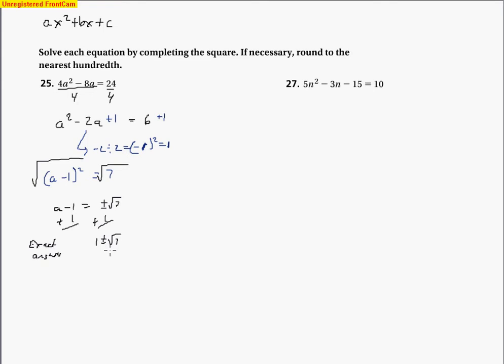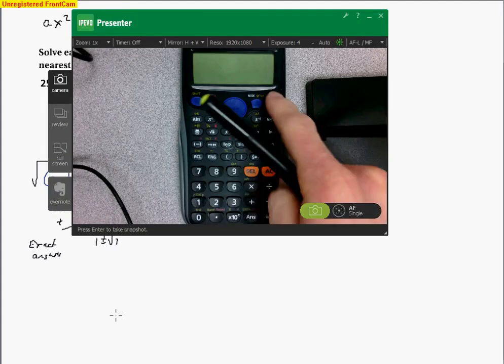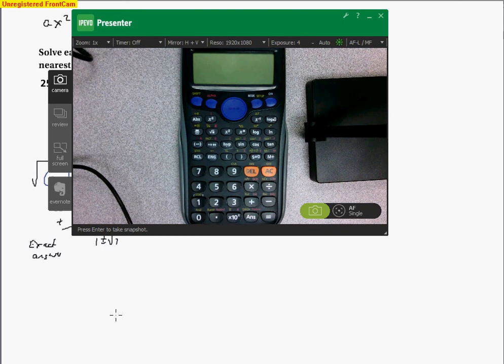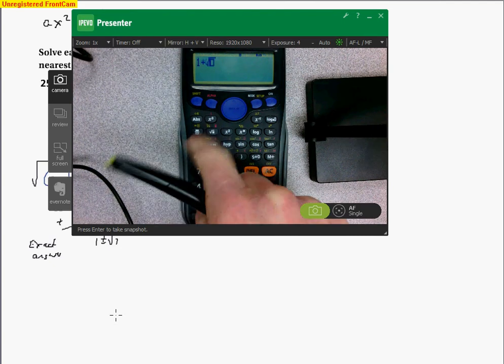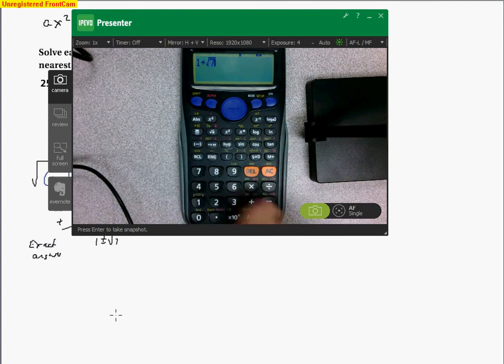If I want to simplify to find out what that is, I can take the square root. On this calculator, I'm going to press 1, then plus, then I press the square root button, which is right up here, and I enter 7, and that gives me one of the answers. That's 1 plus the square root of 7.